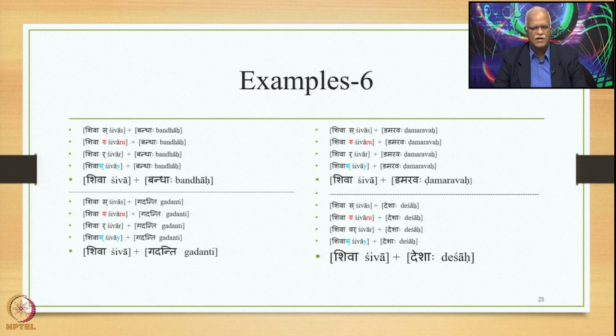Then we have Shivas plus Deshaha as the basic input and finally we get Shiva plus Deshaha after we apply all the relevant sutras generating such next steps in the prakriya as are required for this sutra to apply. So we get Shiva Deshaha as the finally derived form.